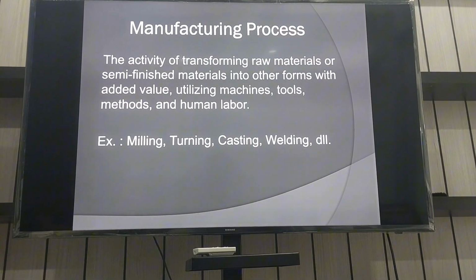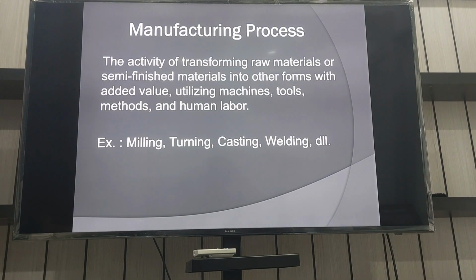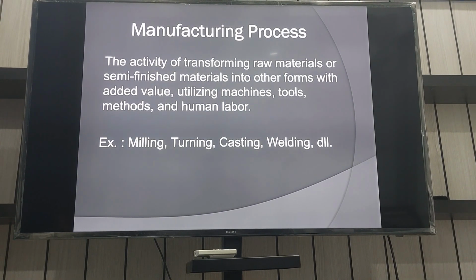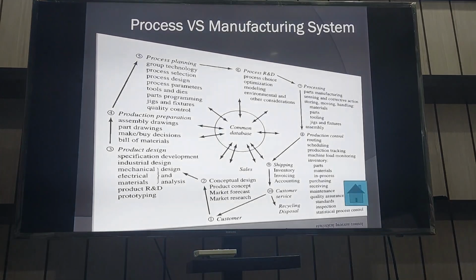So manufacturing process, you already wrote in your paper, and you can say that it's an activity of transforming raw materials or semi-finished material into other forms with added value, utilizing machines, tools, methods, and human labor.